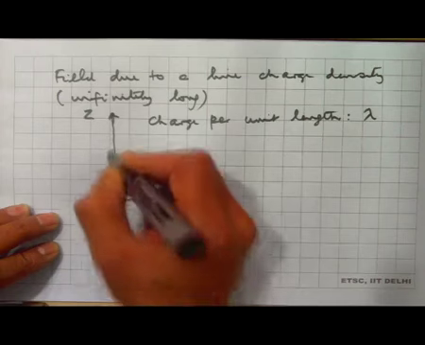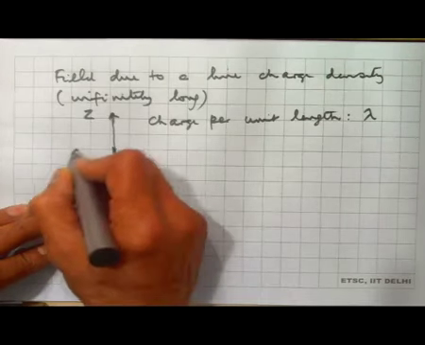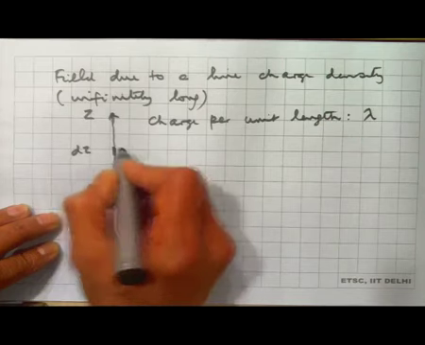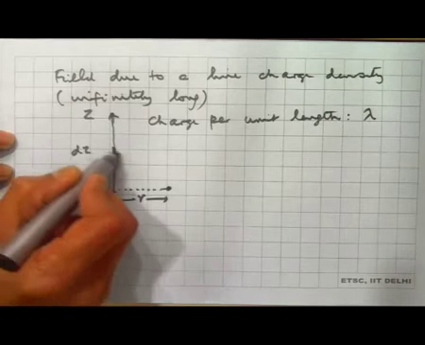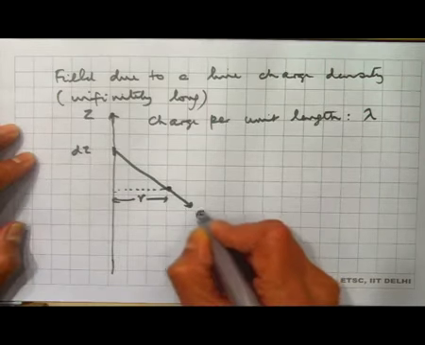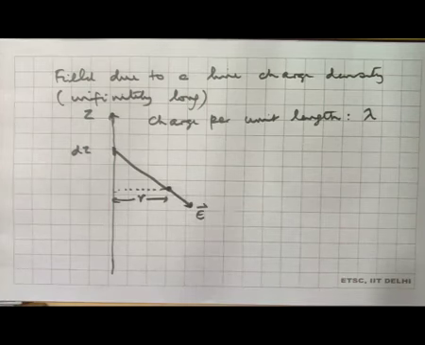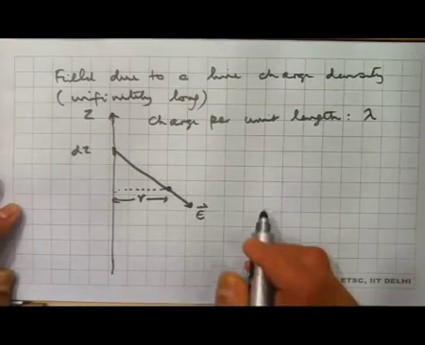Now let me take a small element of charge here of length dz, and the electric field produced by this charge will be along this direction. Let me assume a positive charge; you can do the same calculation with negative charges, where electric fields point towards the charge.